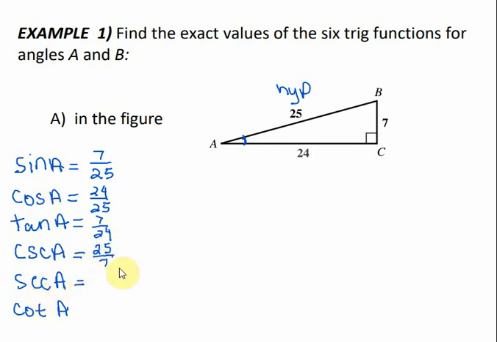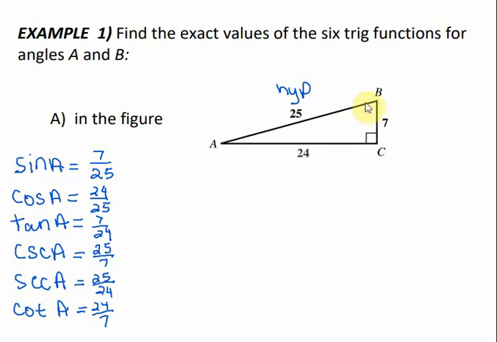The reciprocal of cosine is secant, so that's 25 over 24. And then the reciprocal of tangent is cotangent, so we would get 24 over 7. All right, so that's all 6 of the trig functions for angle A.